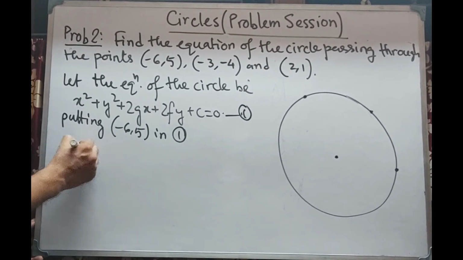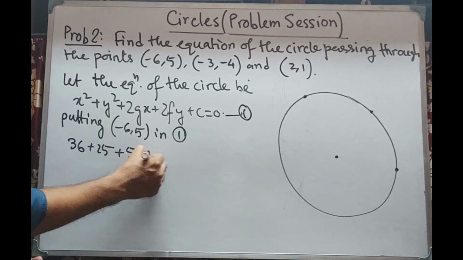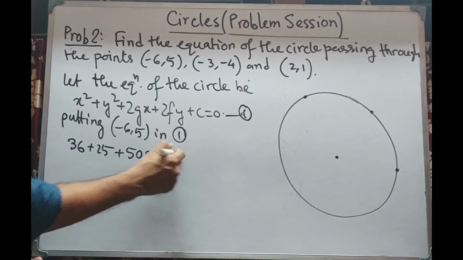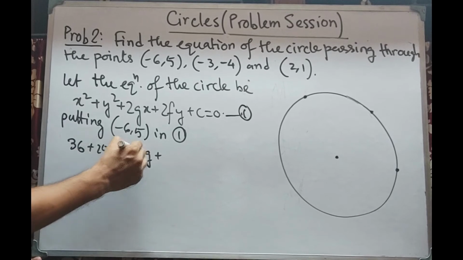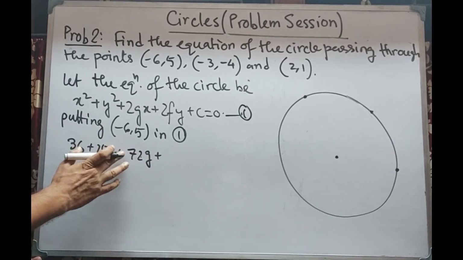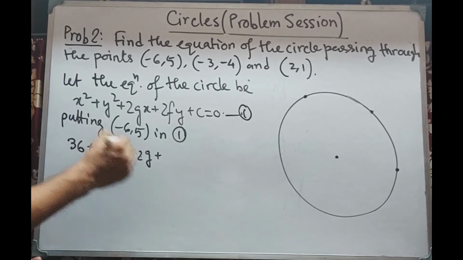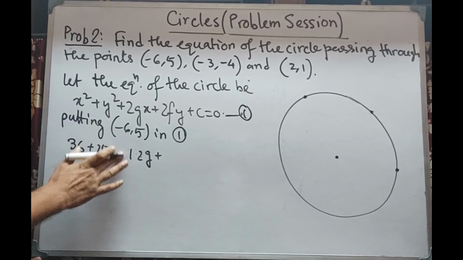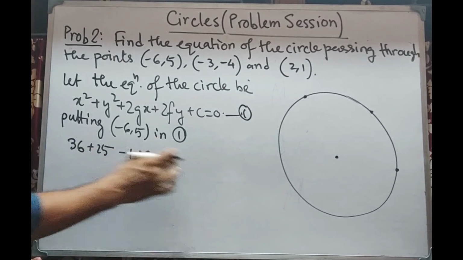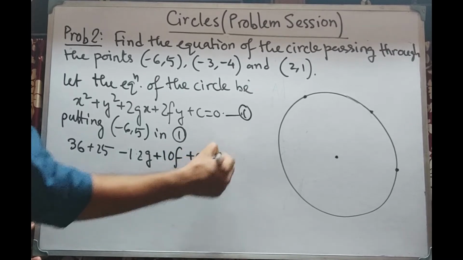It's 36 plus 25 minus 12g plus 10f plus c equal to 0.